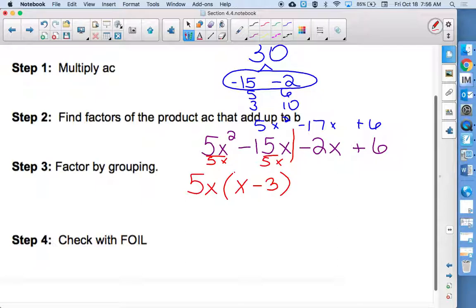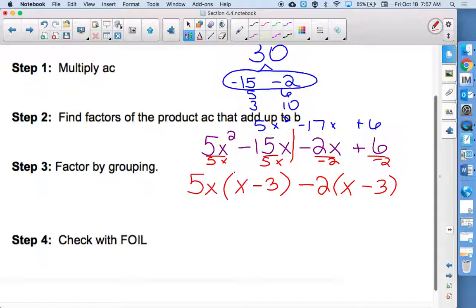Jack, what can we take out of negative 2x plus 6? A negative 2. Again, if that term is negative, you pull out the negative with it. And what do you have left in parentheses? Yes, taking out a negative 2 gives us x minus 3.